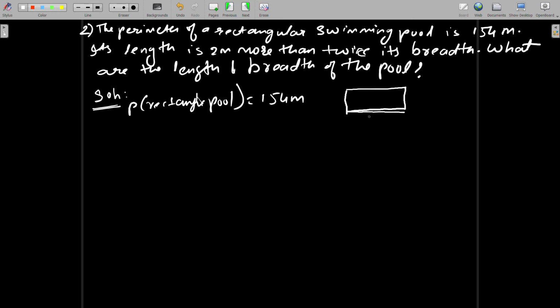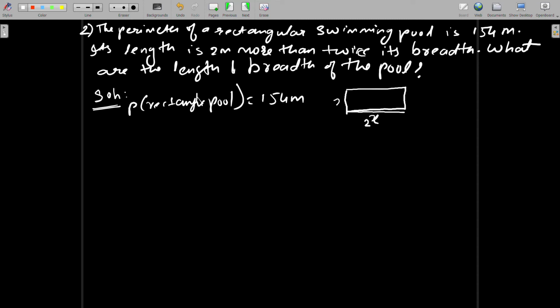Now, if we say the length as 2x, why? Because the length is more than twice the breadth. In this case its length is 2 meter more than twice its breadth. Now what is the breadth? We don't know the breadth.